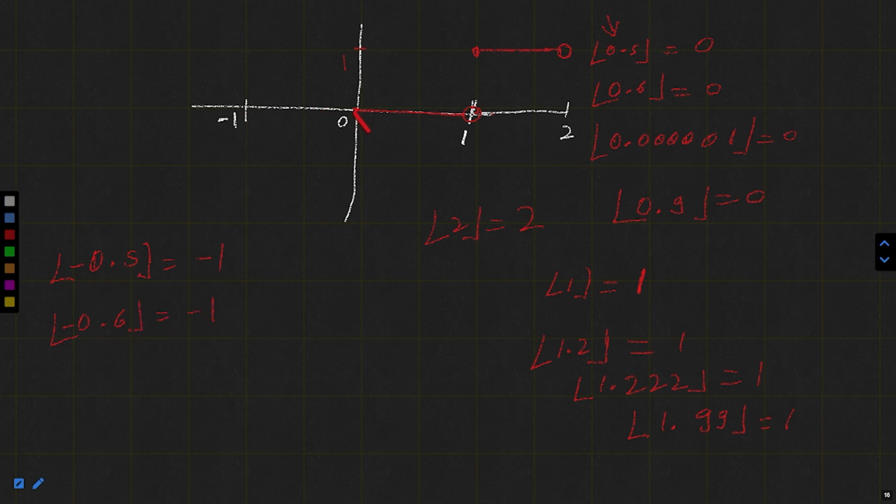So for a negative value of x, where the input is less than 0 but greater than -1, your output will always be -1. So the output will be this, -1.